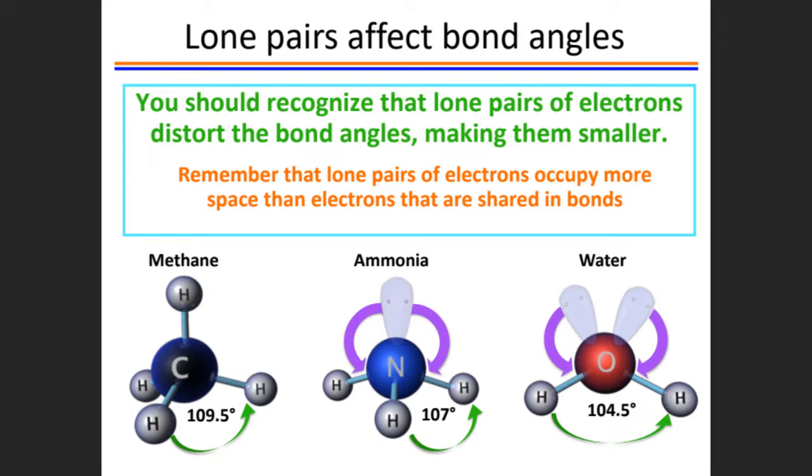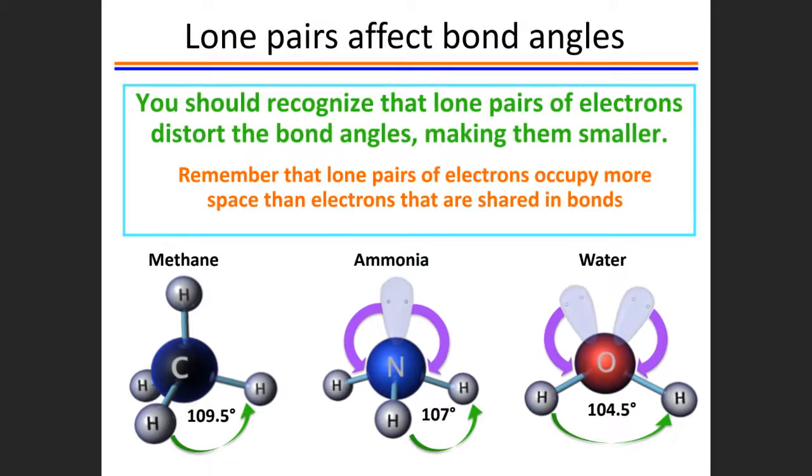Oh, I think we have something here. We should recognize that lone pair electrons distort the bond angles, making them smaller. So what does it mean? Remember that lone pairs of electrons occupy more space. Here is one term called the electron cloud. So bulky electron. Bulky means taking more space.